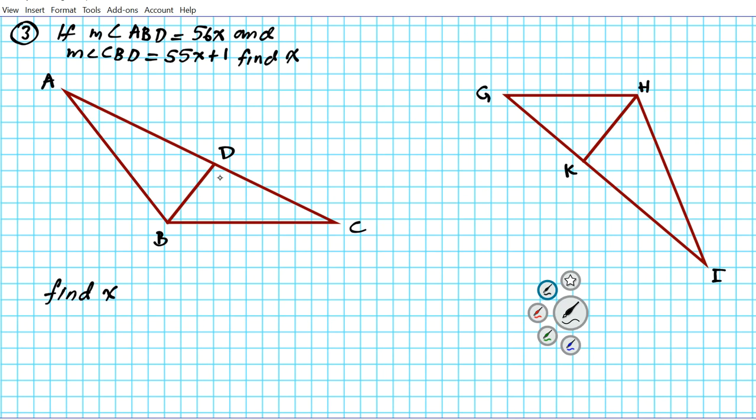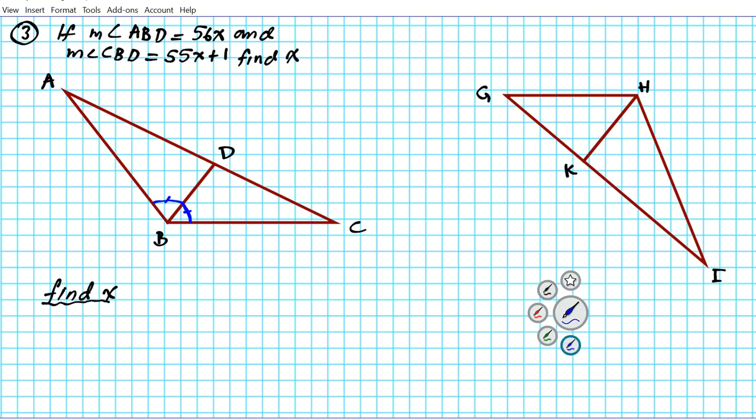We're told that each triangle is given with the bisector. Okay, so this angle right here is congruent to this angle right here since it's bisected by this segment. Okay, so let's go ahead and set up an equation using the information that we have.